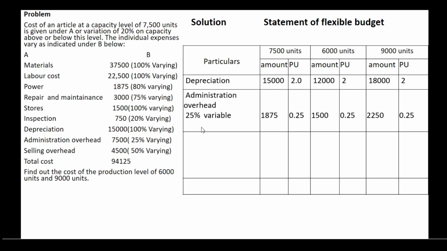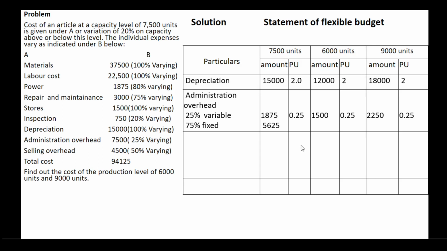The remaining 75% are fixed. So administration overhead 25% variable, but the remaining 75% is fixed. So it means the 7,500 into 75 divided by 100. So now the amount are 5,625 rupees. So this 5,625 rupees is divided by the 7,500.